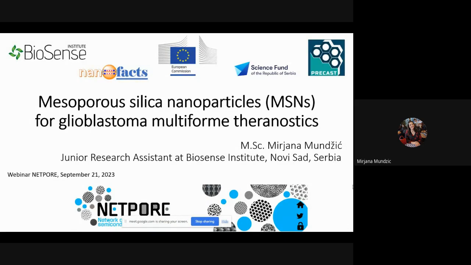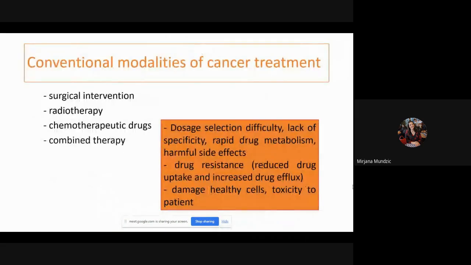Theranostics is a new word which comes from the combination of therapy and diagnostics. So we are looking to find a way to deploy mesoporous silica nanoparticles both for therapy and for the diagnostics of glioblastoma multiforme. Glioblastoma multiforme is a very bad type of brain cancer.